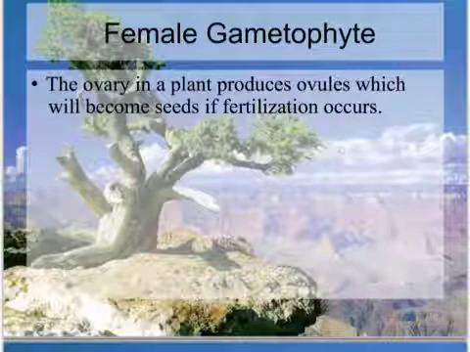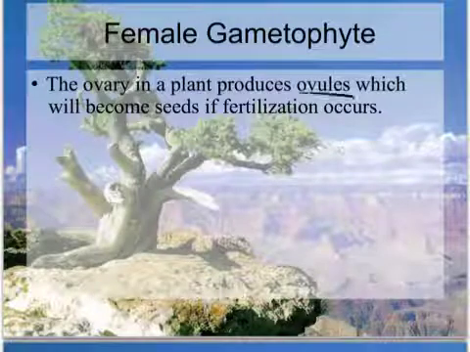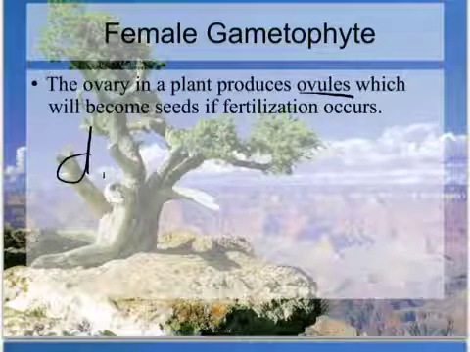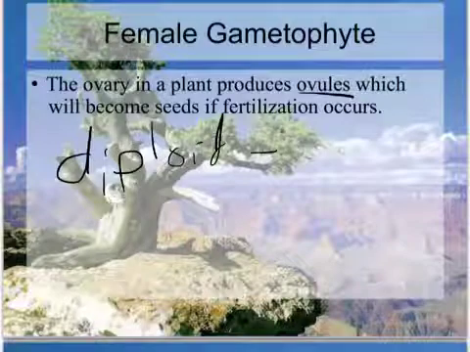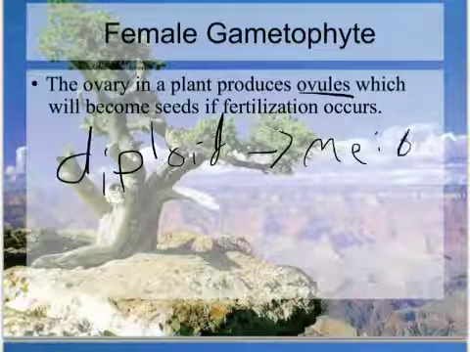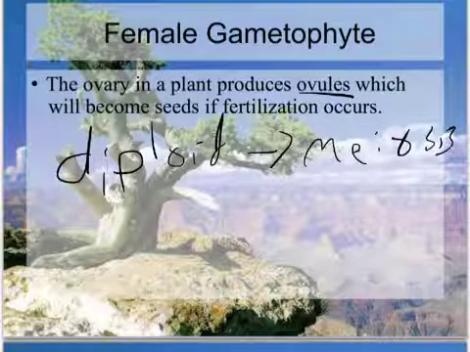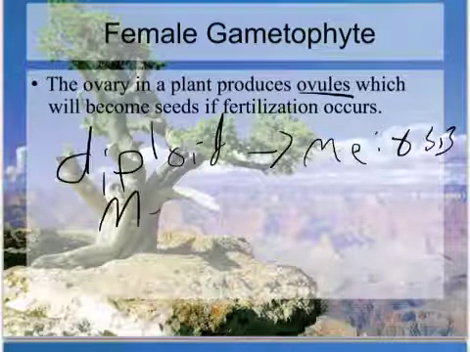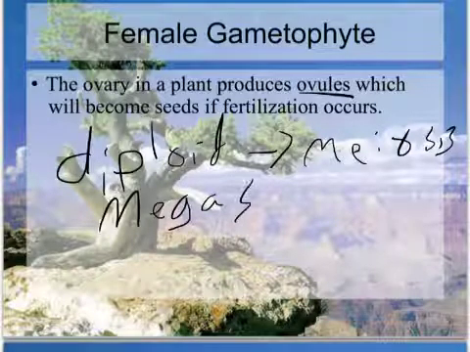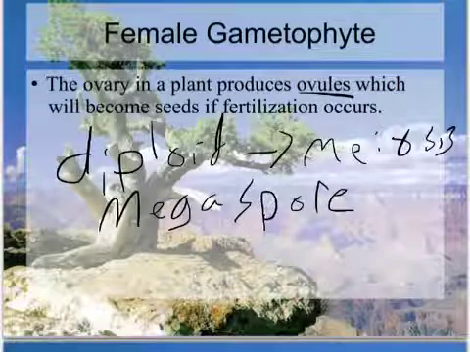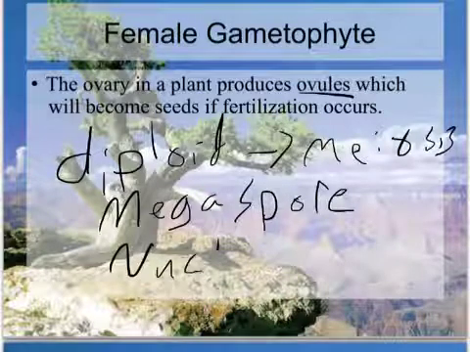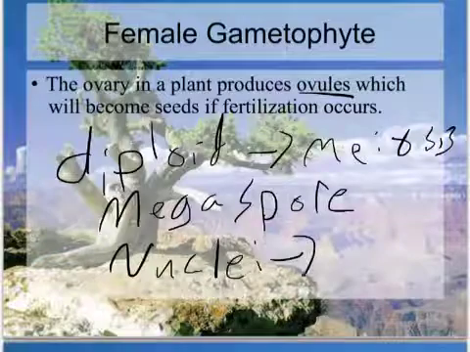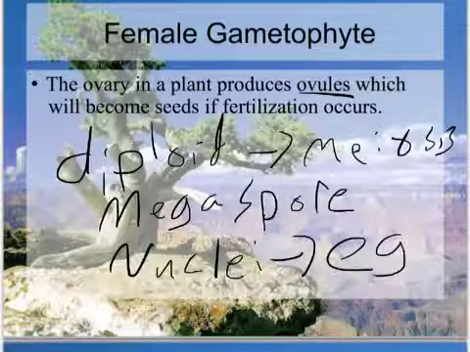The terms that you need to fill out here: the ovule here, a diploid, as I mentioned, diploid, divides via meiosis to produce 4 haploid, and then we call that one spore a megaspore. And that megaspore will divide again to produce 8 nuclei, and eventually one of them will become the egg.